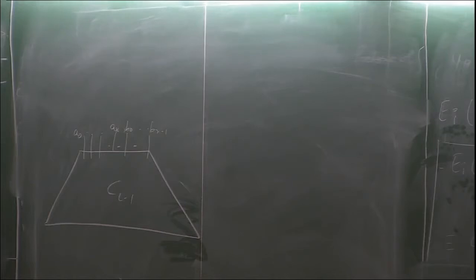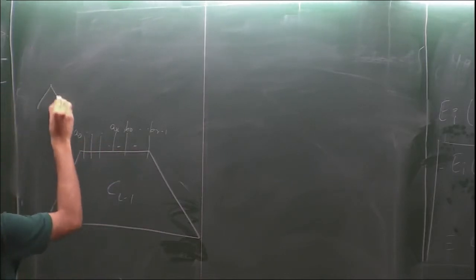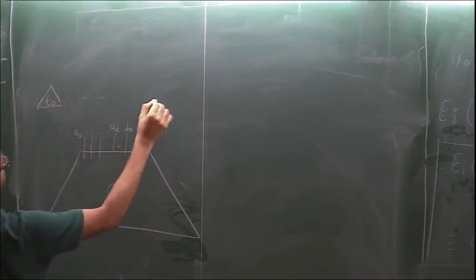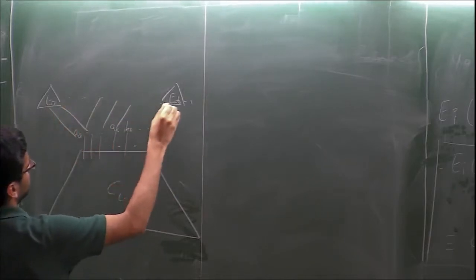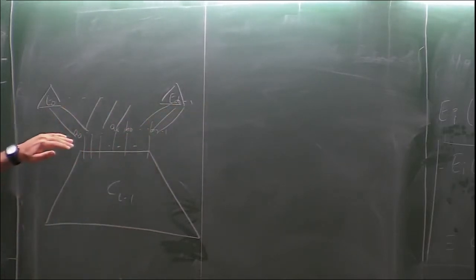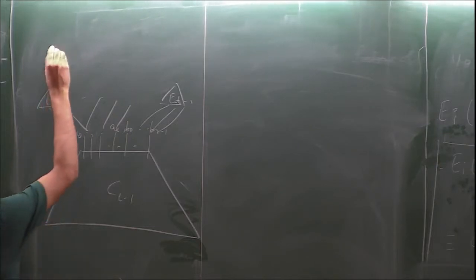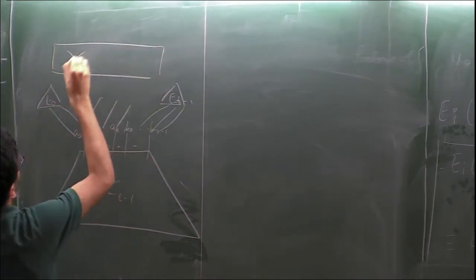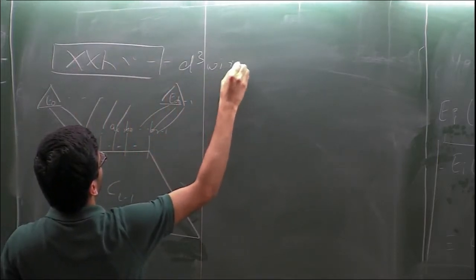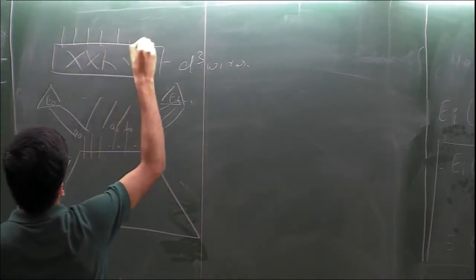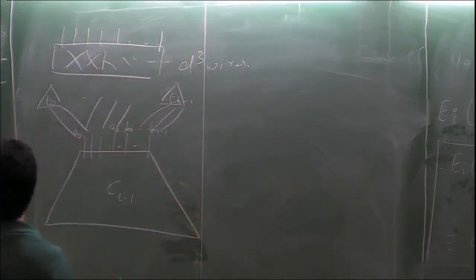In order to get circuits for the evaluation of EIs on these, I'll just put a copy of the circuit for E0 up to E_{D-1} here, and I'll join the wires appropriately. This gives us access to this vector, and then I have to multiply this vector by the inverse of this matrix. So there's some wiring happening here. This is at most D cube wires, and at the end of it we have access to basically a solution to the system.